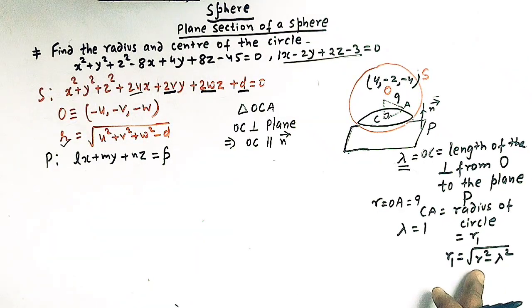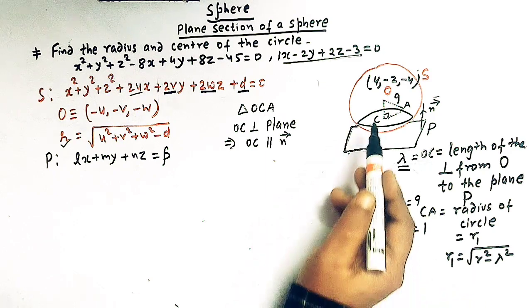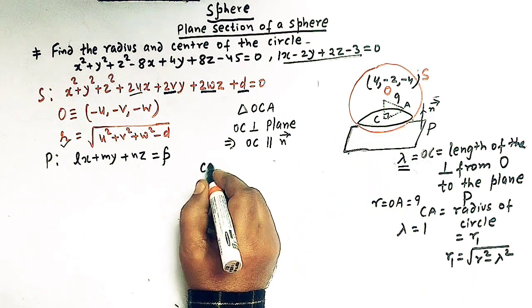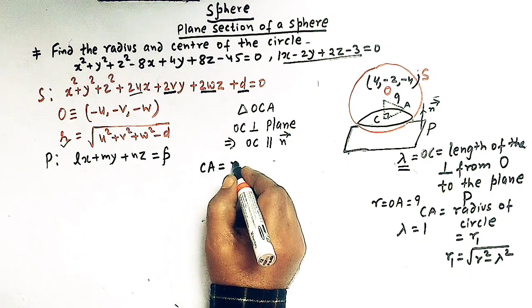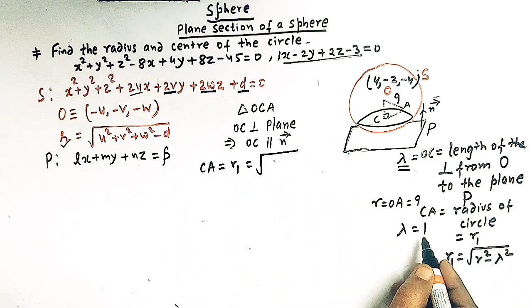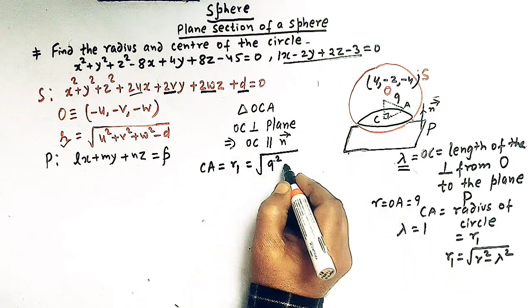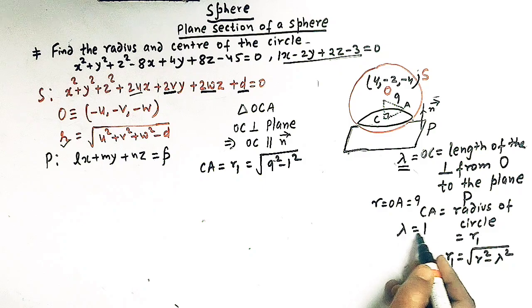So now using this result, we can find out the radius of the circle, that is CA. So CA is equal to R1, that is square root of R square minus lambda square. R is given by 9, so 9 square minus 1 square, lambda is 1.